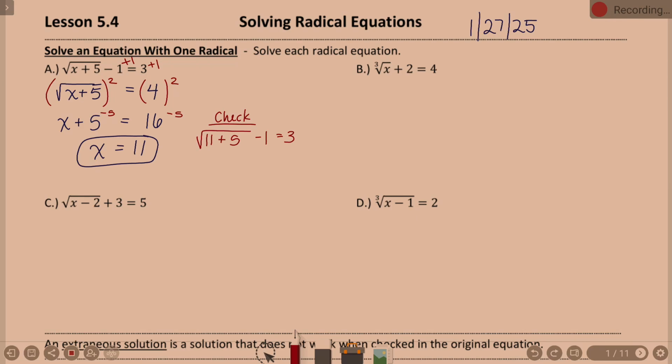But does it check? 11 plus 5 is 16. The square root of 16 is 4. And 4 minus 1 is 3. Does it work? It does, doesn't it? Get in that habit of checking.